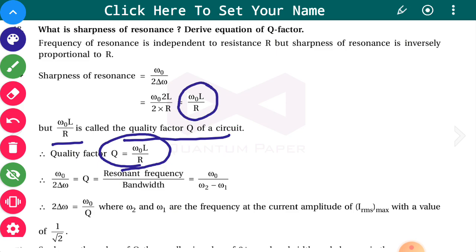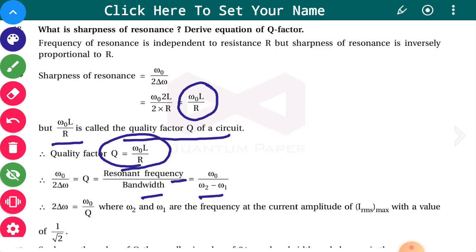So here Q, that is resonance frequency upon bandwidth, quality factor is also defined in this way. Omega 0 upon 2 delta omega, that is resonance frequency upon bandwidth, that is omega 0 upon omega 2 minus omega 1.